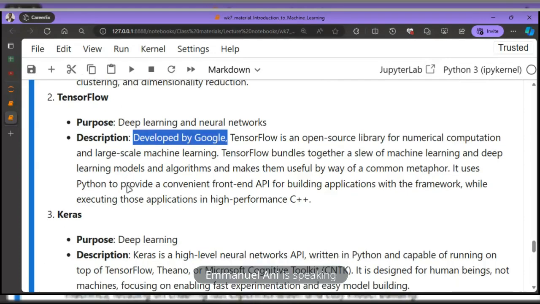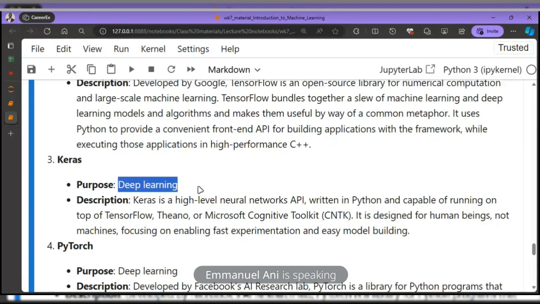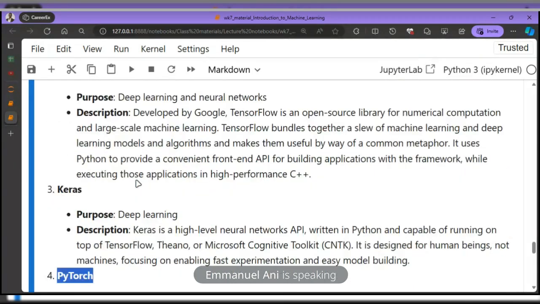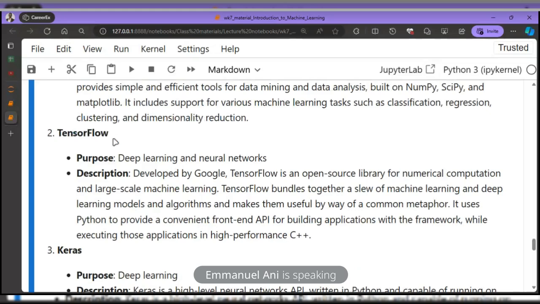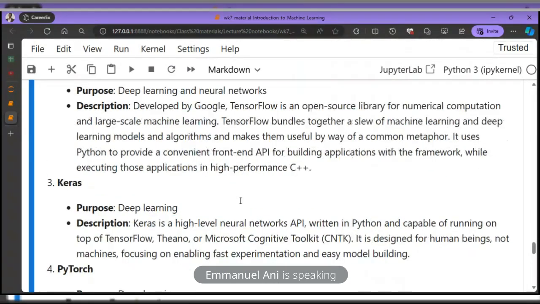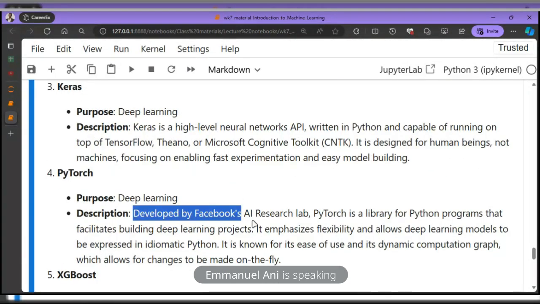They basically do the same thing, deep learning. We also have PyTorch. PyTorch is almost similar to TensorFlow. It's just that it was developed by Facebook, right? So it does the same thing as TensorFlow, but it's like a competition to TensorFlow. You can use either of them to do the same thing, all right?